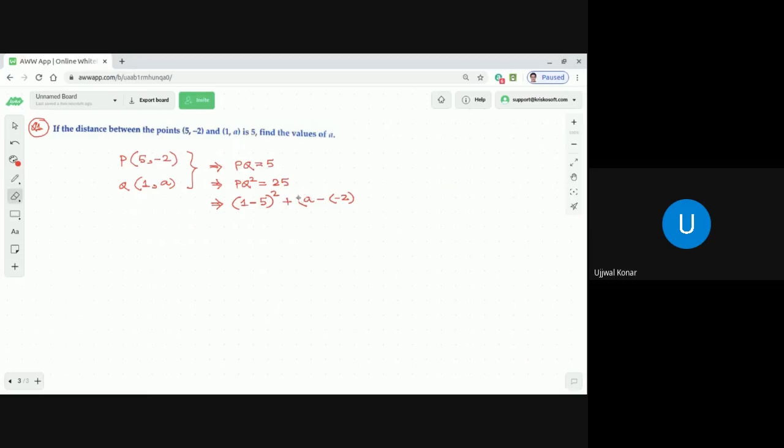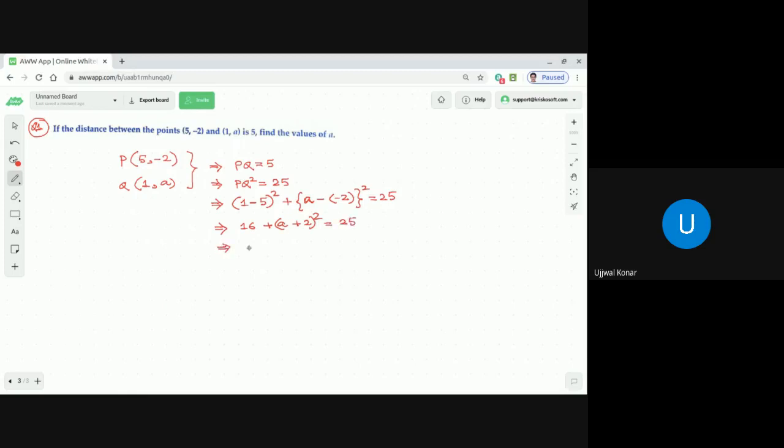So what are we going to get? Something like this, whole square is equal to 25. From here, 1 minus 5 is equal to minus 4, whole square is equal to 16, plus A plus 2 whole square is equal to 25.